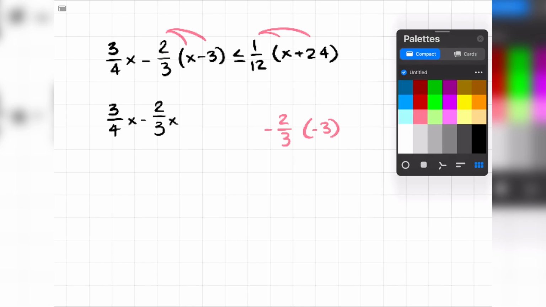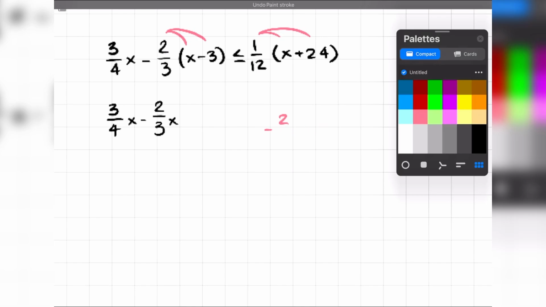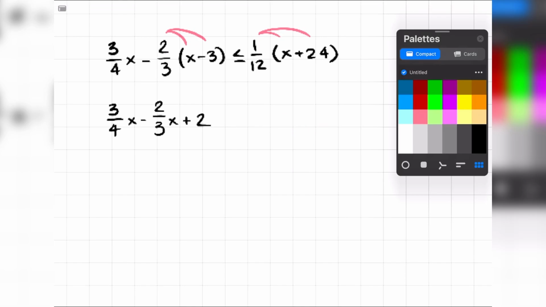It cancels this guy out and leaves the 2. So here you would do plus 2. And then the inequality symbol is less than or equal to 1 over 12 times x, which is 1 over 12x. 1 over 12 times 24 is 2.